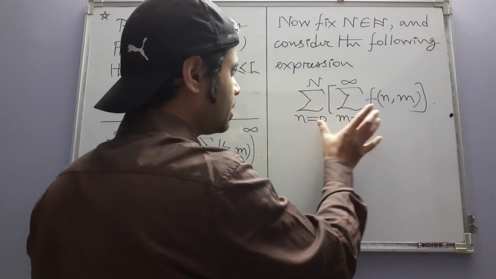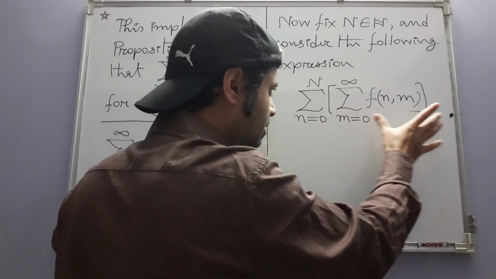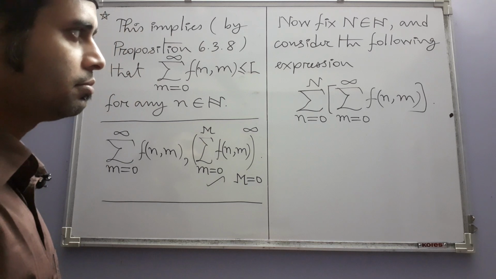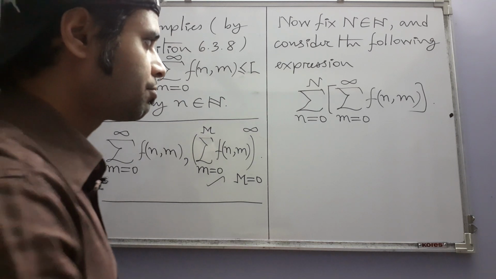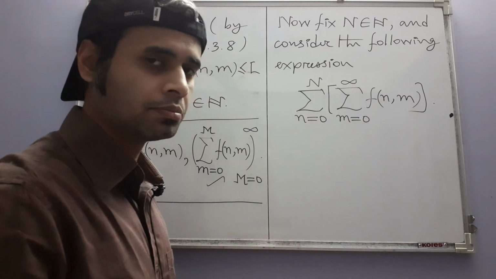So in this finite sum, actually these are real numbers. So there is no problem. This expression gives us a well-defined finite sum.